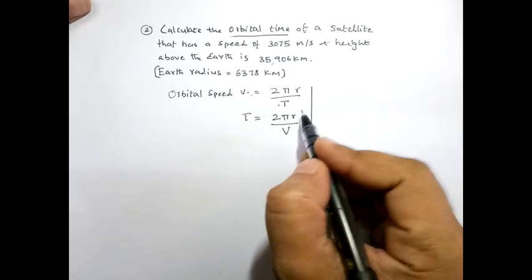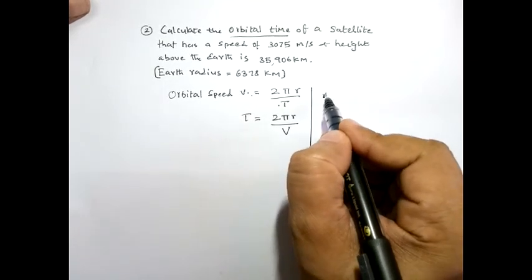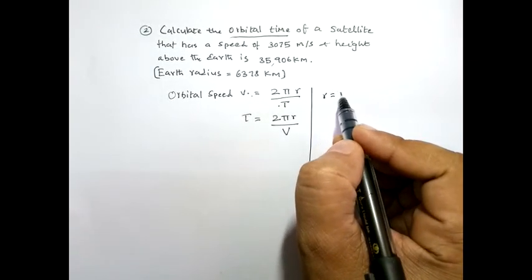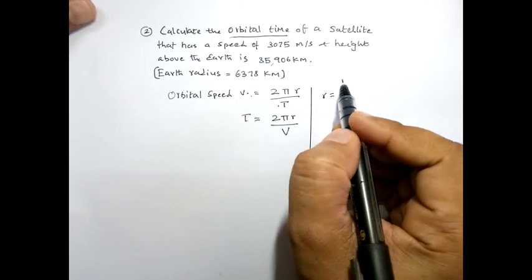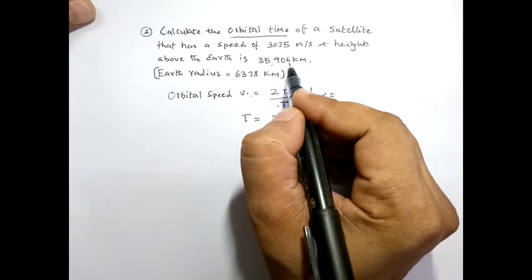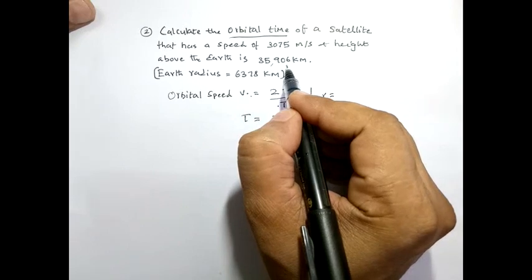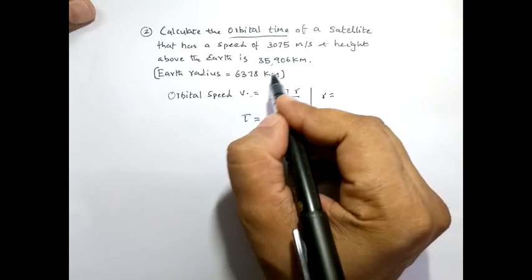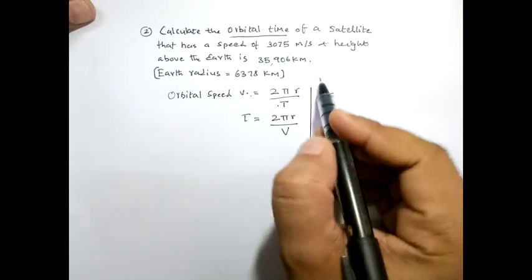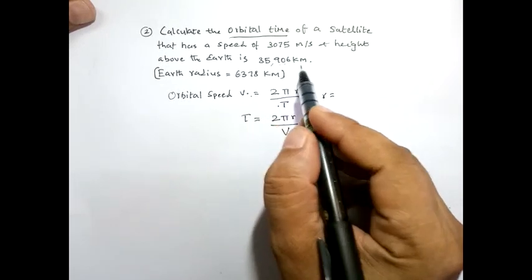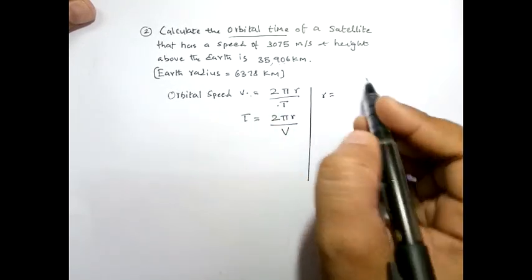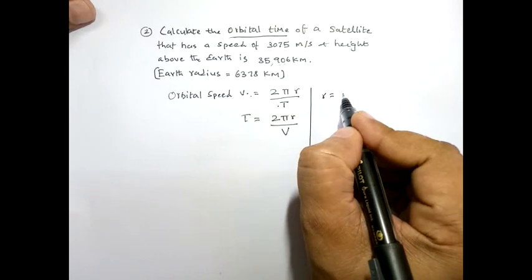So what is r? r is the radius. Now again we have to do the same step number one, that is we have to add these two, then convert this into meters. It's very simple.